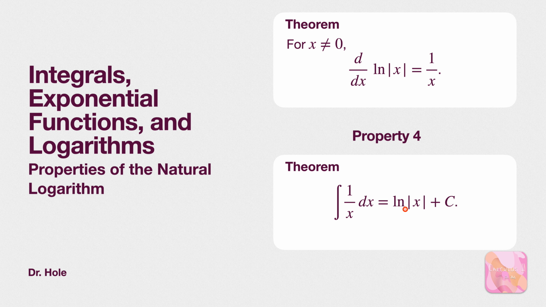This property 4 is saying that you can have negative x's as inputs. And to accommodate that, we're going to write down the most general form, which would be the natural log of the absolute value of x plus a constant of integration. All right, so this is a very important property, these two.